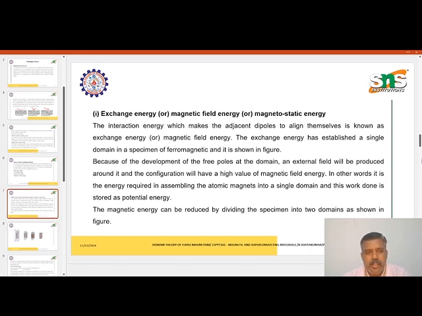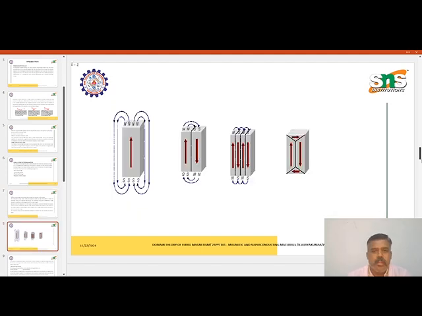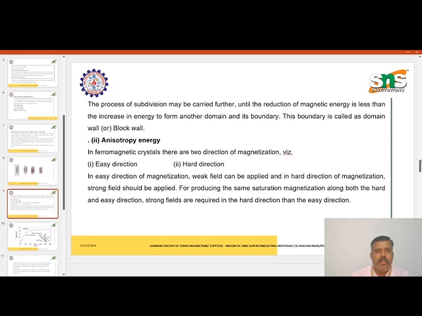In other words, it is the energy required to assemble the atomic magnets into a single domain, and this work done is stored as potential energy. The magnetic energy can be reduced by dividing the specimen into two domains. This is also shown in the figure, which shows how the domains rotate and change direction based on the applied field.